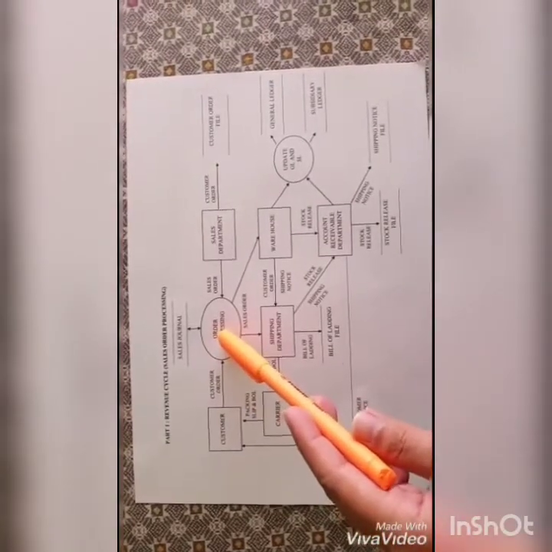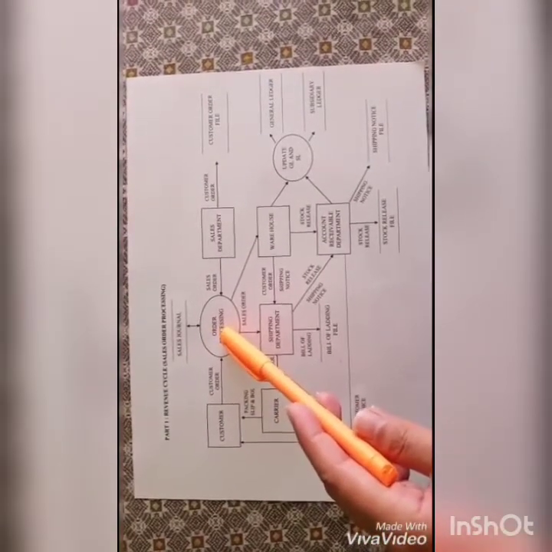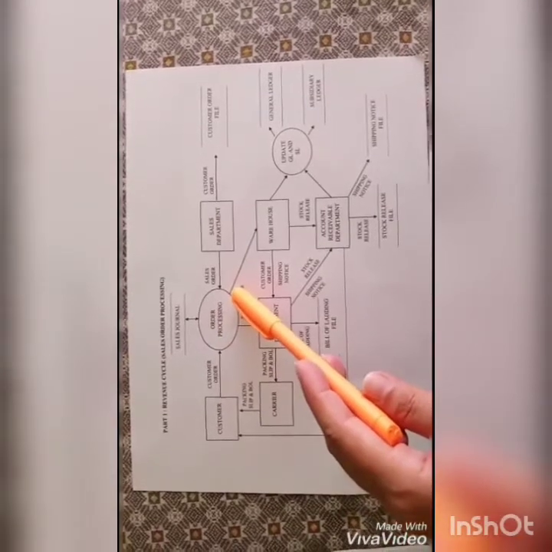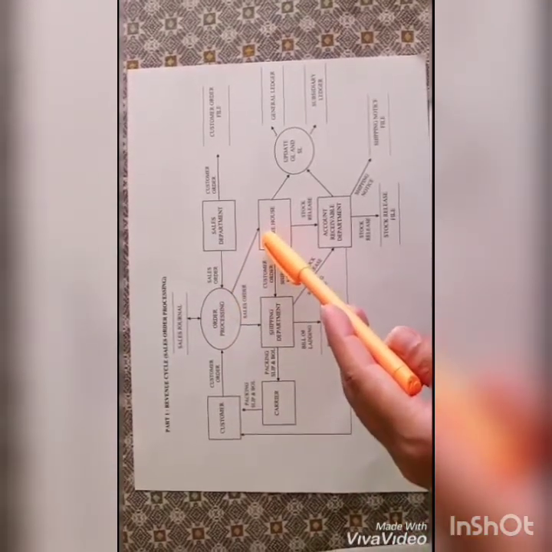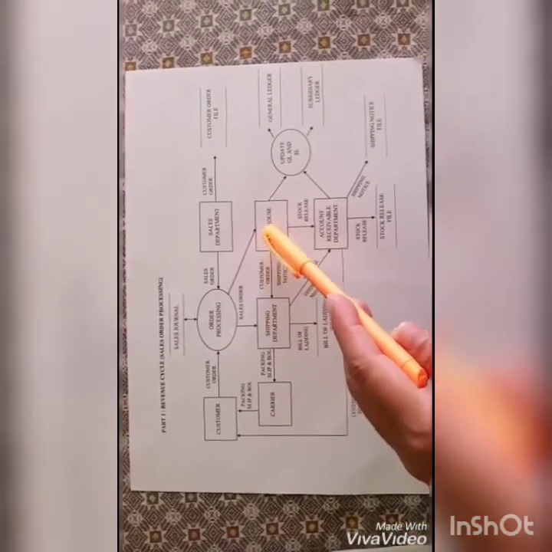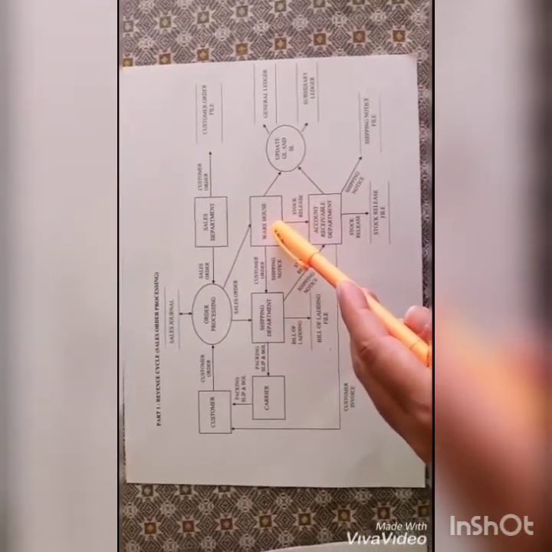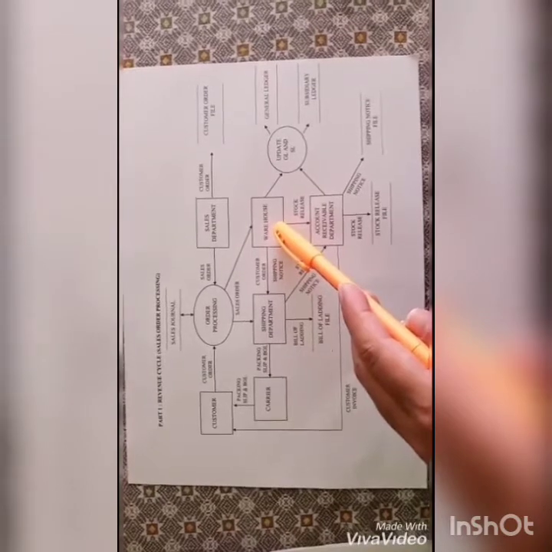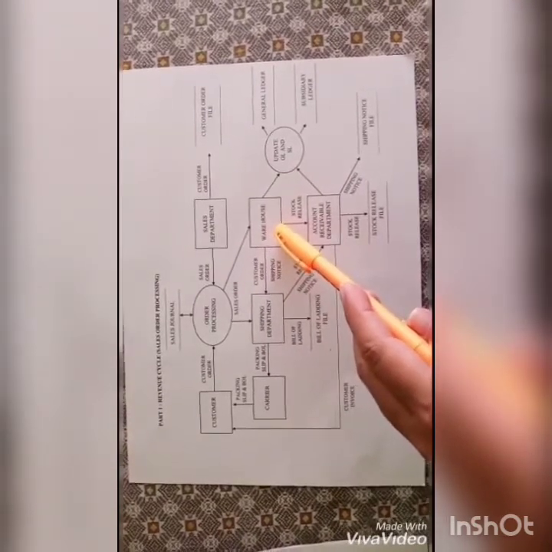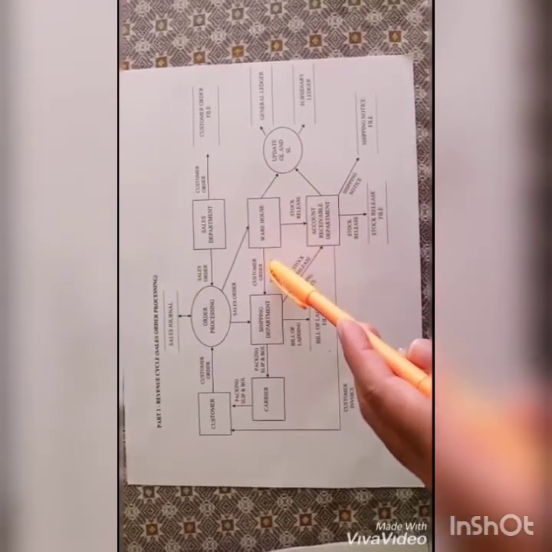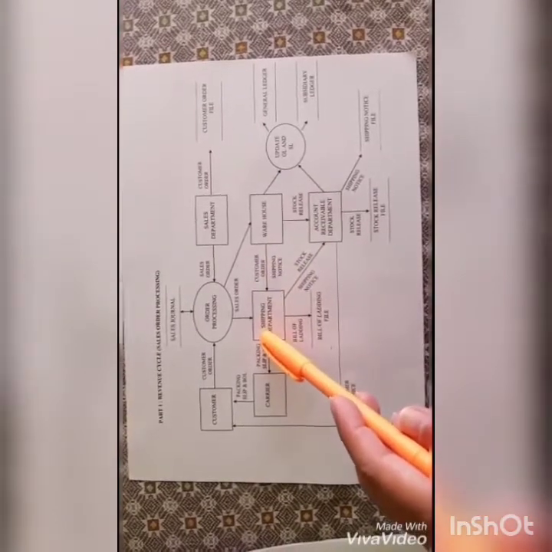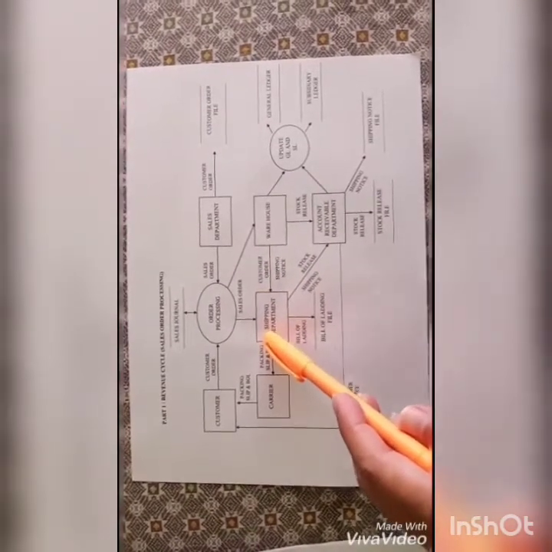Second activity is warehouse. After receiving the sales order, print out a copy of the stock release and shipping notice. Using the stock release, pick selected goods based on the customer order. Goods and shipping notice are sent to the shipping department.